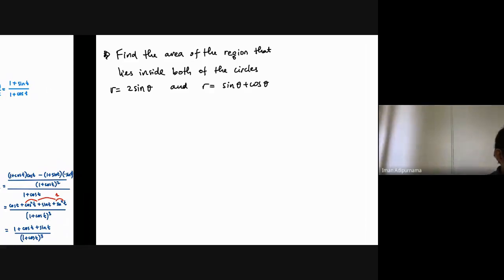Again, to help you draw, my suggestion is to try some theta values: 0, pi over 2, pi. At least you get the intersection with the polar axis.